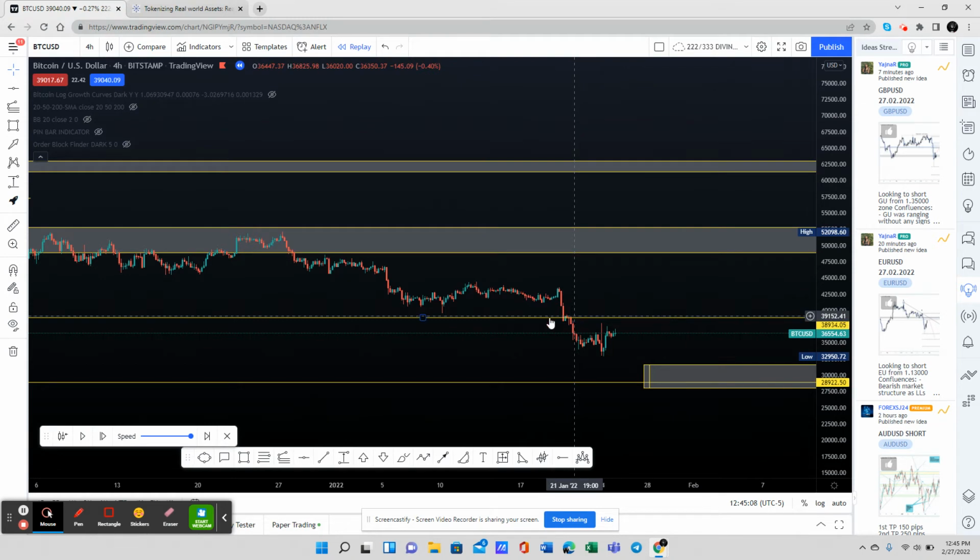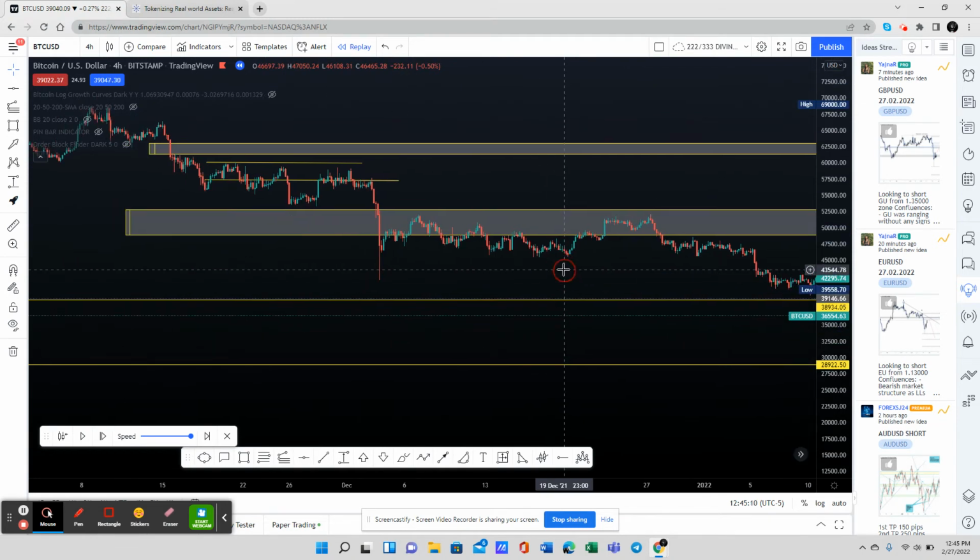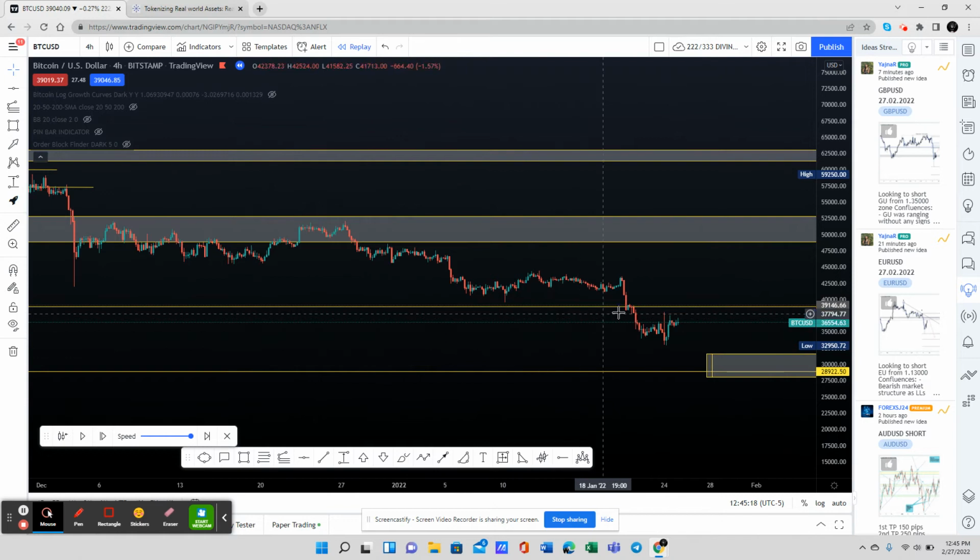So when did we enter? Back somewhere over here, so it's November. It took from November all the way to January the 20th. So November, December, basically 2 months for your targets to hit. So this is swing trading.